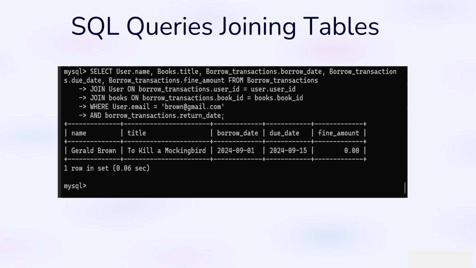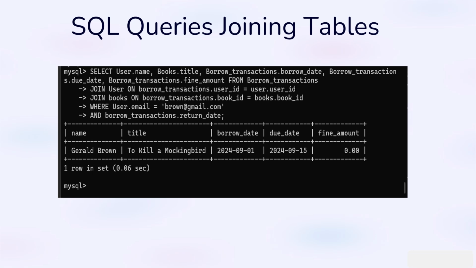I don't know if you understand the concept I'm trying to explain under Structured Query Language. It is joining two or more tables together. For instance, where we have join users on borrow_transactions.user_id, what it does is that it goes to the user table and picks the user ID.